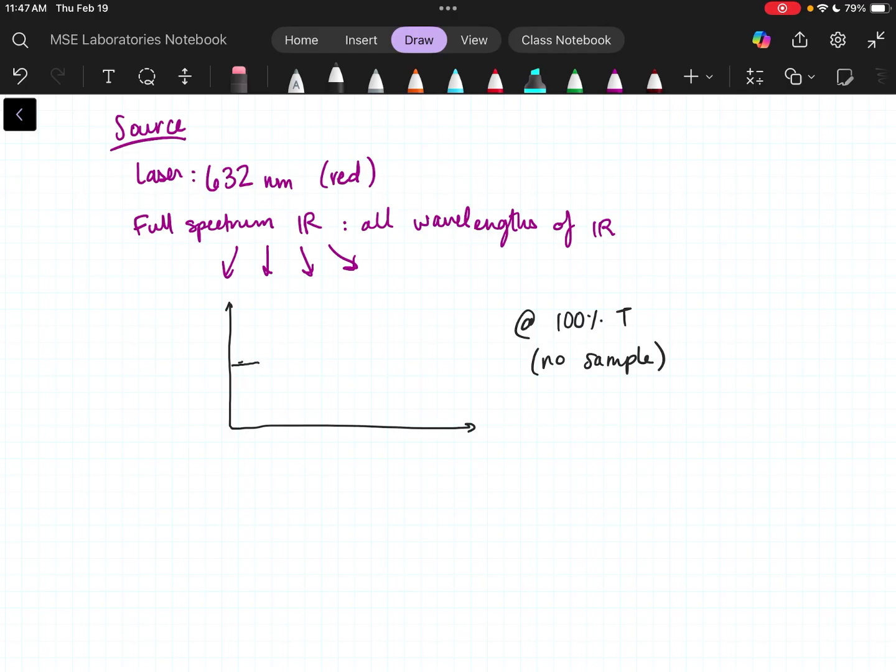At 100% transmission, so that would be no sample, I can get something called an interferogram.